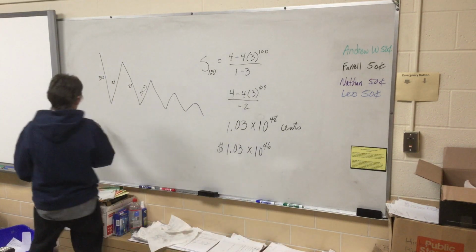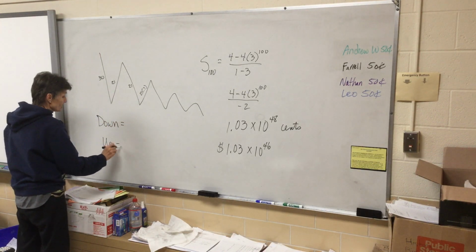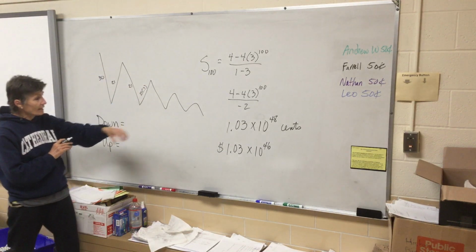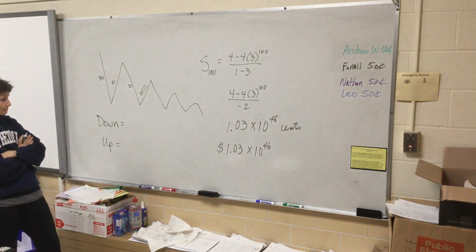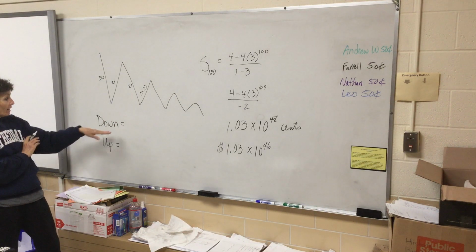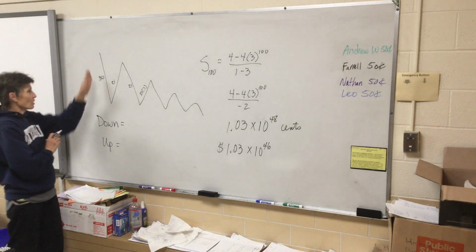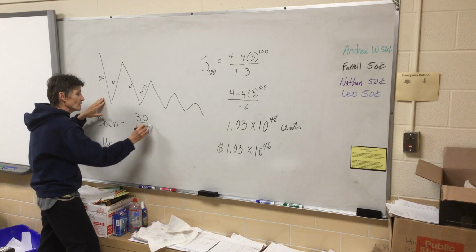So remember, the ball is moving down and up. So you need to sum all of the downs and get an answer, and then you need to sum all of the ups and get an answer. Now, I like to start with the first number I've been given, which is 30. So I'll do my downs. So 30 over 1 minus 0.7.